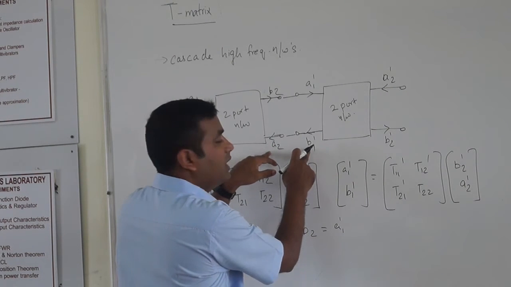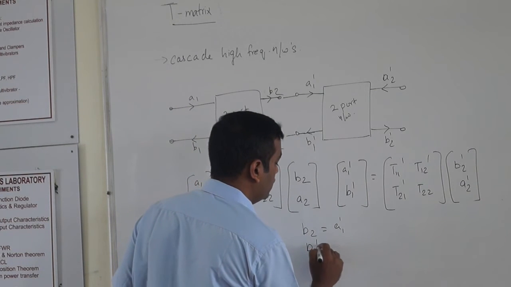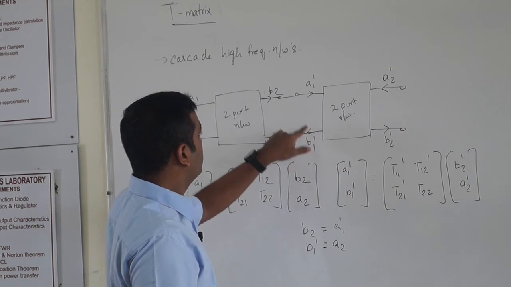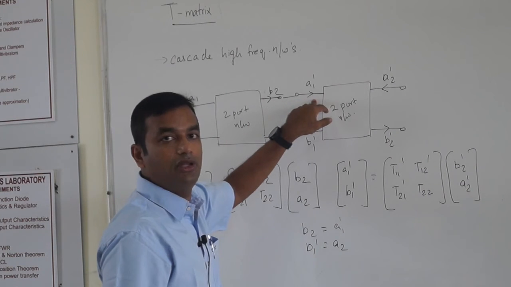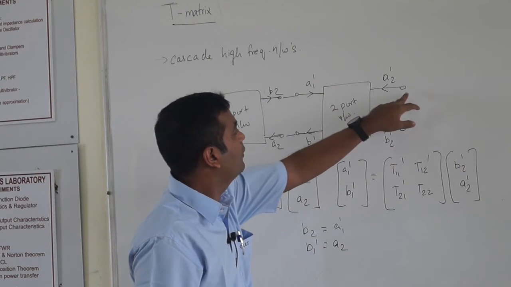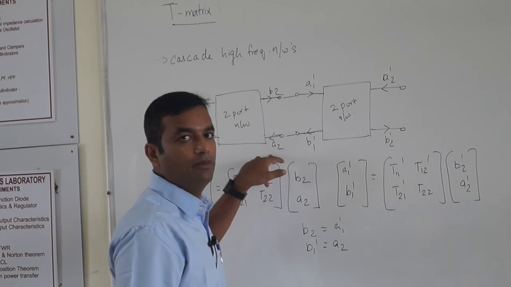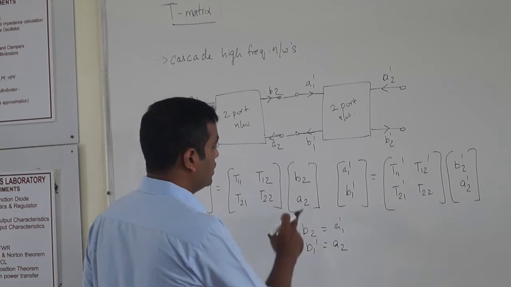So B1 dash is equal to A2. Am I right? So both of these will be the same. The output of the first network will enter into the second network, and if you give a signal from this side, the output of this network will enter the network by A2. So naturally B1 dash will be equal to A2, or A2 is equal to B1 dash.